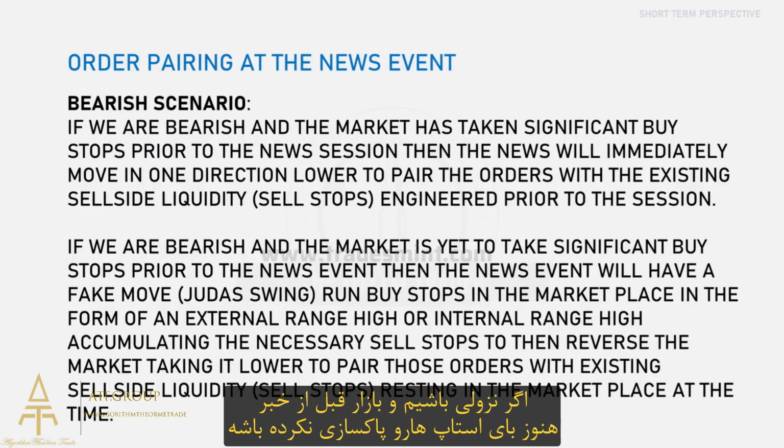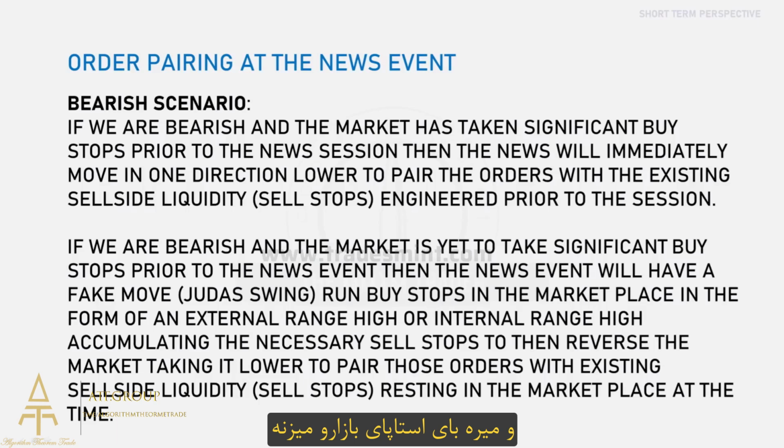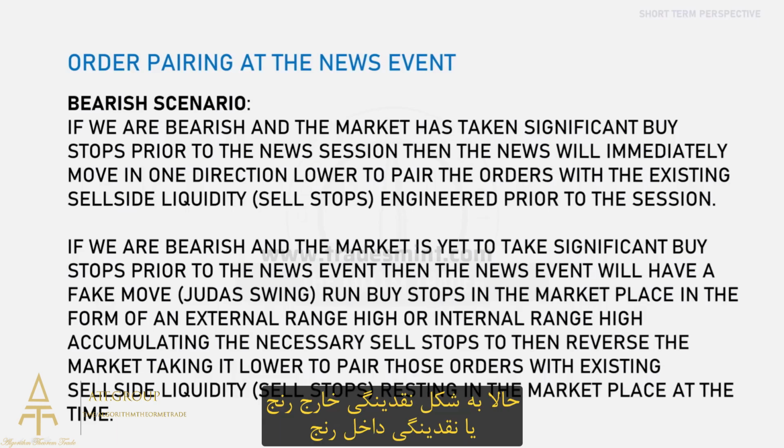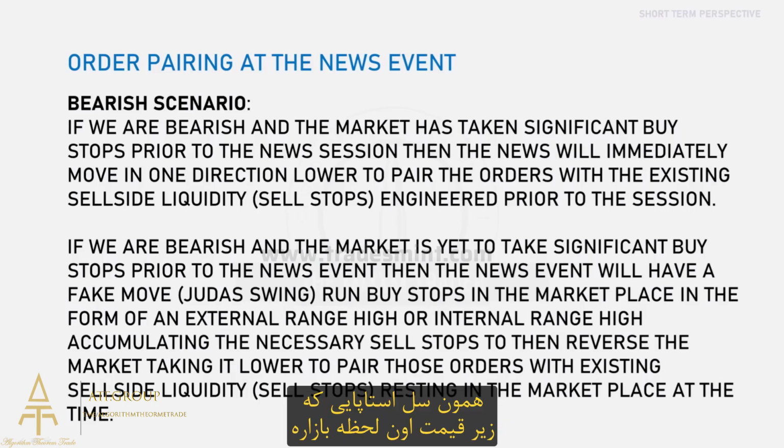If we are bearish and the market is yet to take significant buy stops prior to the news event, then the news event will have a fake move, right? That Judas swing once again to run those buy stops in the marketplace in the form of an external range high or an internal range high, and then accumulating the necessary sell stops to then reverse the market, taking it lower to pair those orders with its existing sell side liquidity, those sell stops again, resting in the marketplace at that time.